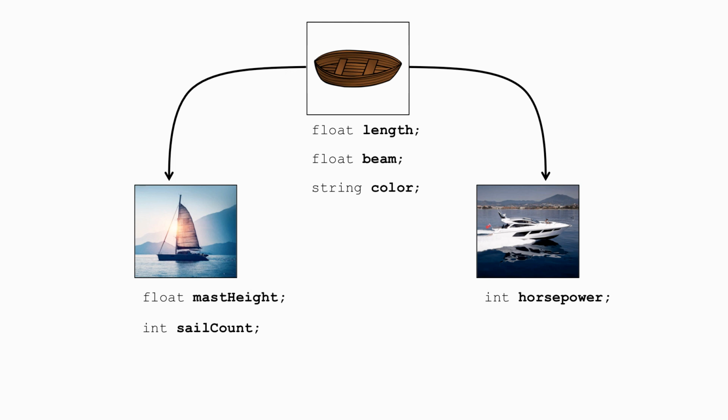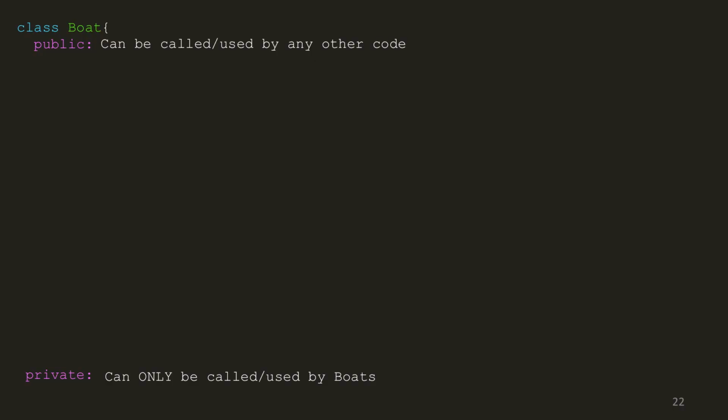The one key programming feature that comes up when you're building one of these superclasses that is going to be inherited by subclasses is that you get one more category of data fields and functions that you can deal with and specify. Just like our normal classes, if we're going to build this boat superclass that generally represents a boat, we can still have public functions and fields that can be used and accessed by any other code.